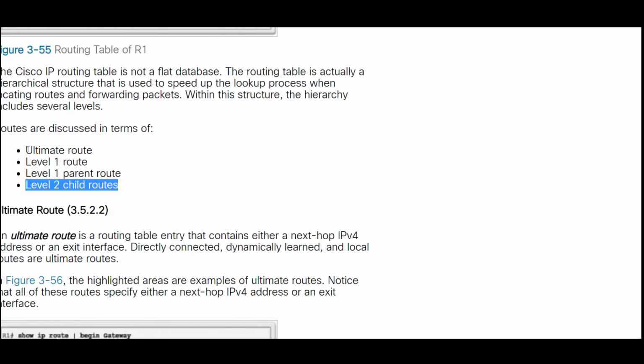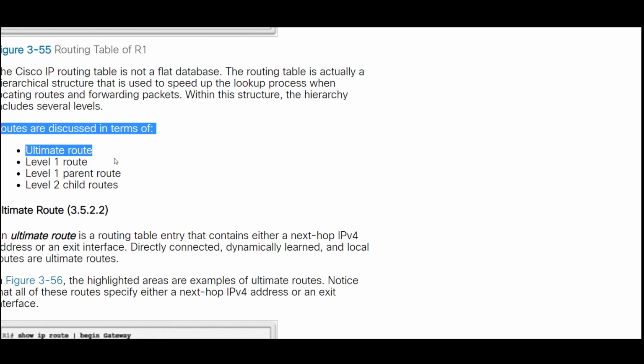So these are the 4 different types of routes. In level 1 there are 2, level 1 route and level 1 parent. In level 2 it is only child.